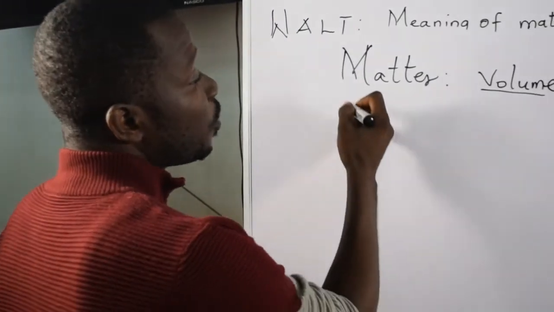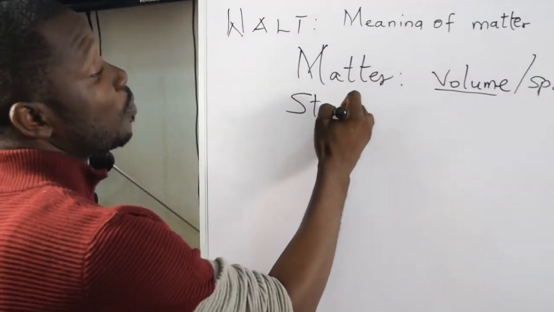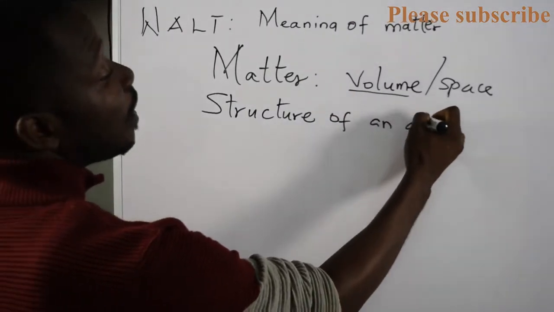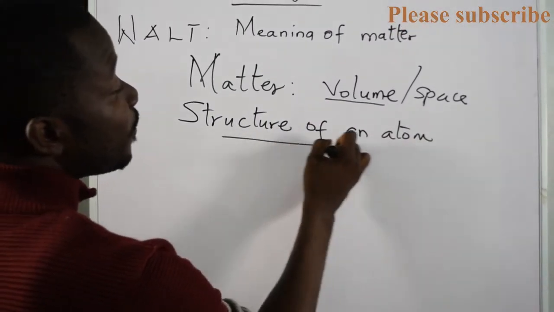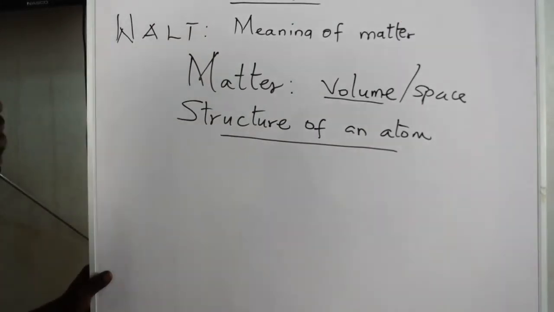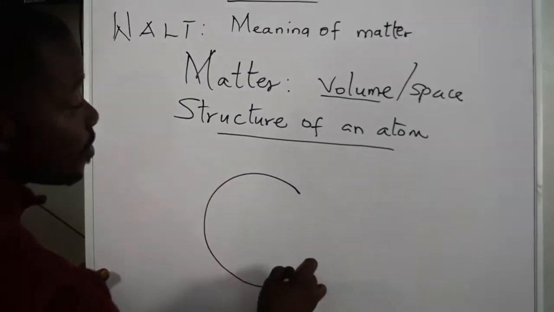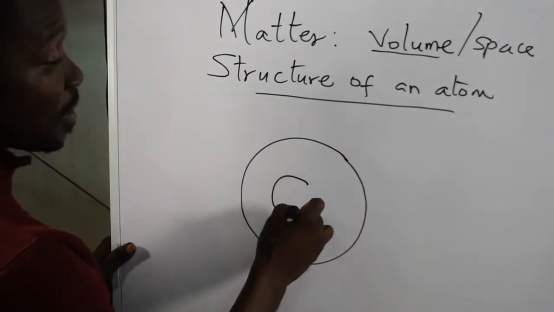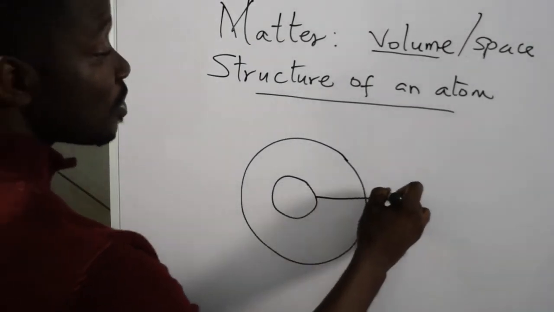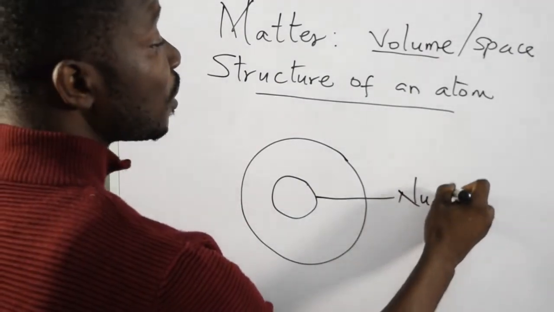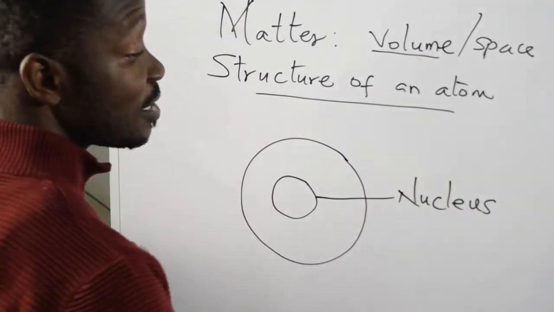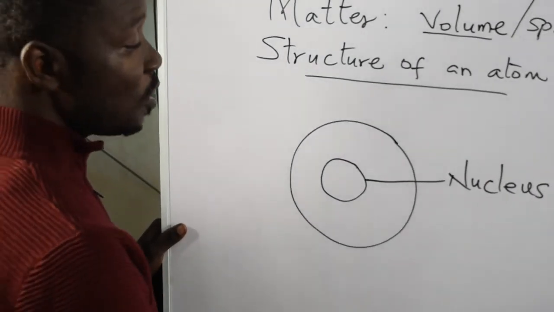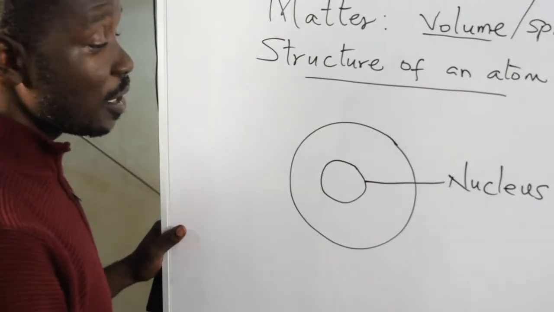When we look at the structure of an atom, that's obvious. This is in the JHS syllabus. We know that atoms are spherical, and that atoms have a nucleus. Check the spelling. This is science, your spellings must be correct. N-U-C-L-E-U-S, nucleus.